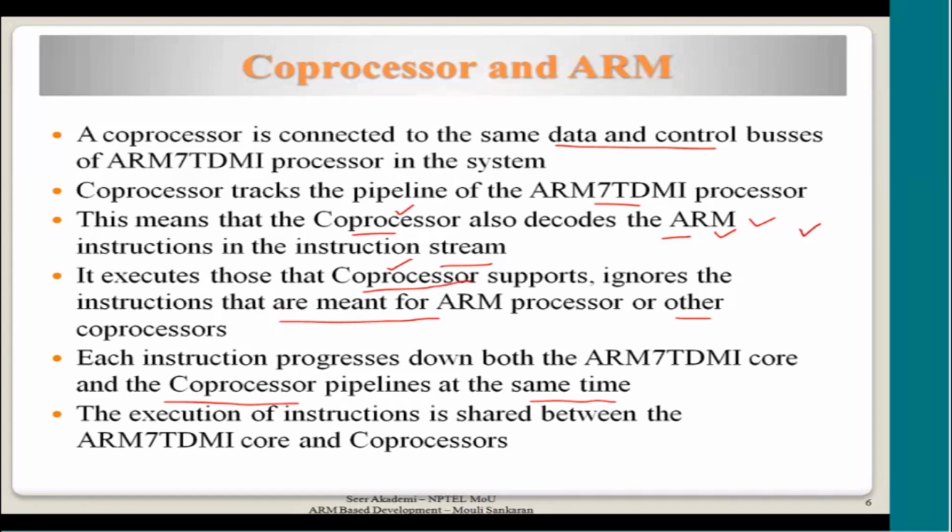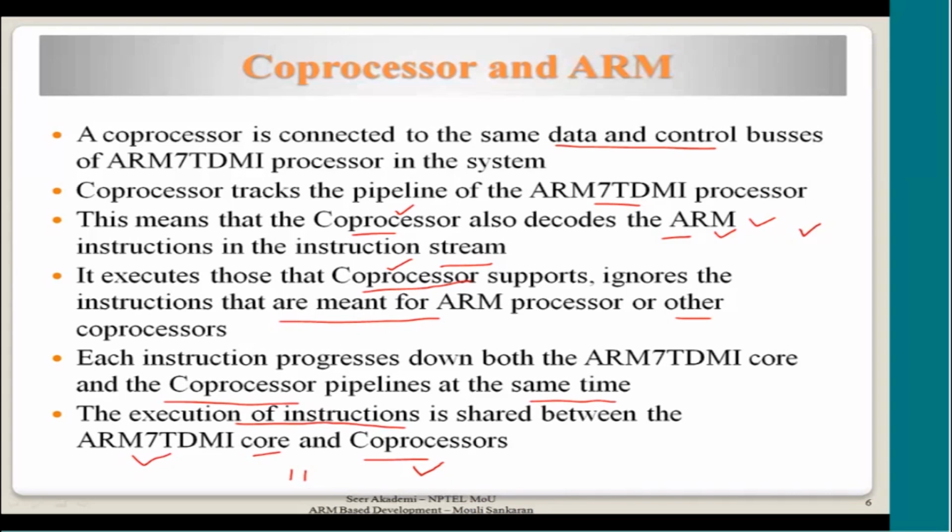So the execution of instructions is shared between the core and the coprocessor. That means ARM instructions are executed by the ARM core, and if any coprocessor instruction comes, that will be executed by the coprocessor. They are running in parallel and in sync.